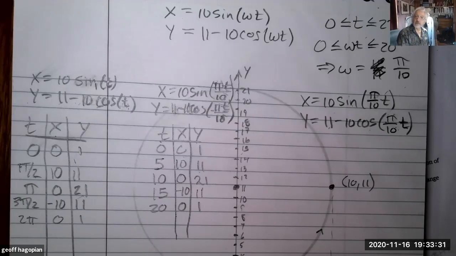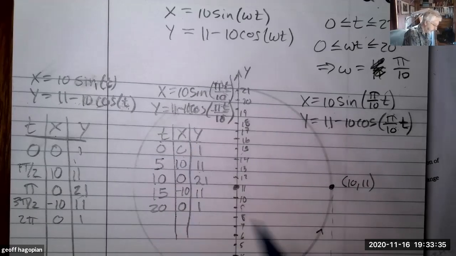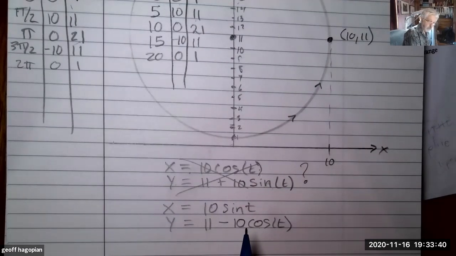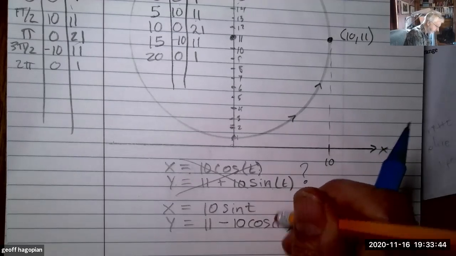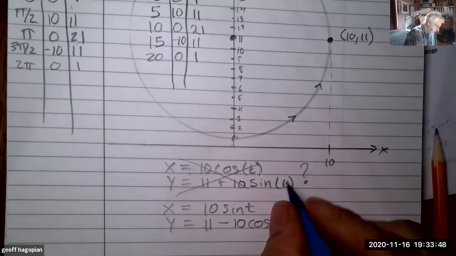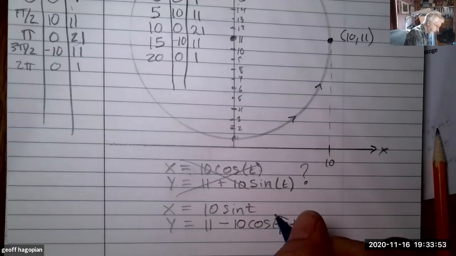So find an equation that gives the height above the ground. Okay, so the height above the ground is y, right? So the answer to their question is y, well, this is almost it here. Y is 11 minus 10 cosine of pi over 10 t, right?